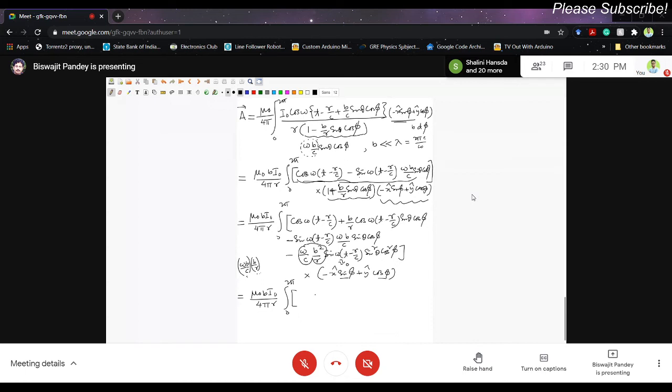So only the terms which will contain cos square phi are retained, and the other terms, if you integrate over 0 to 2 pi, will be 0.